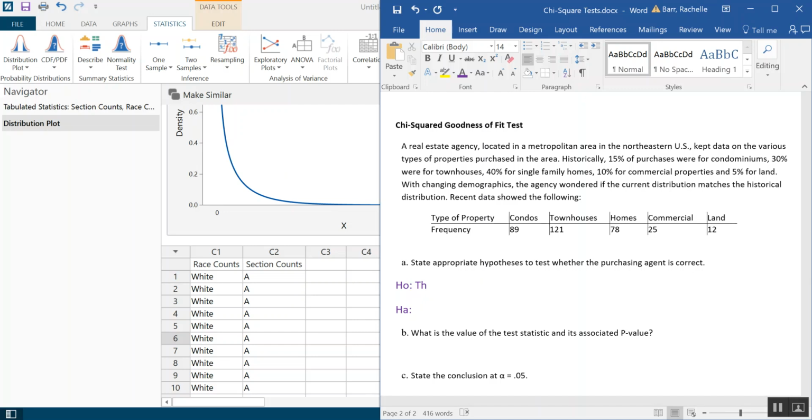It's the status quo. So we'd say the current distribution of property sales, because that's what we're looking at as sales, matches the historical one.